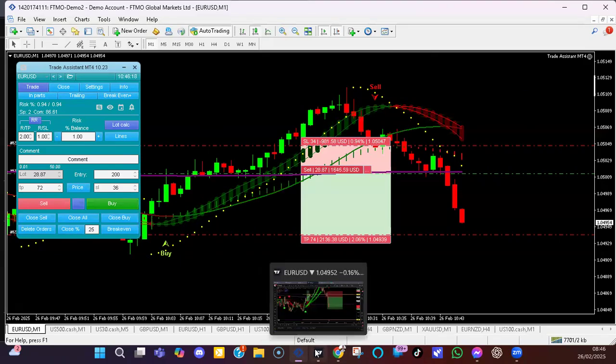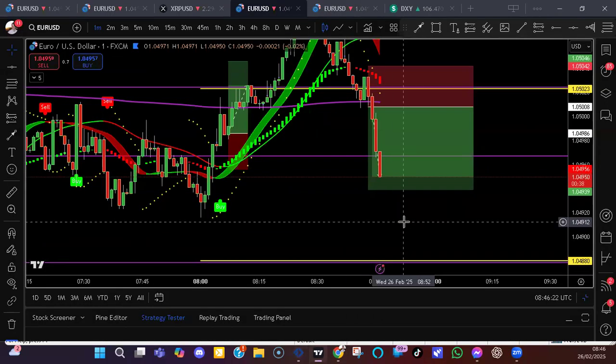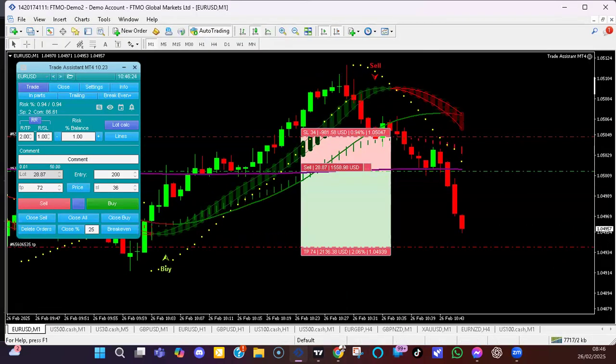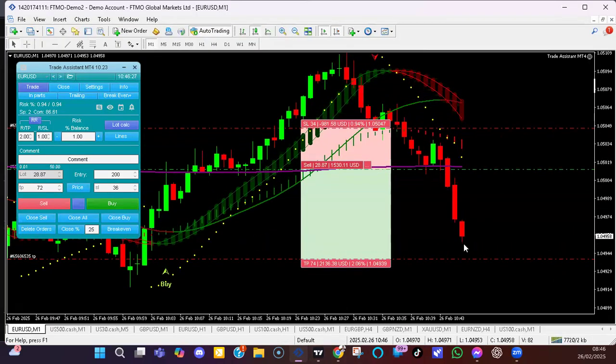Let's see where we are. Oh, we've broken that line, which is nice. That's good. Just a little bit more, and we would have had a successful trade. Another one pip move would do us.